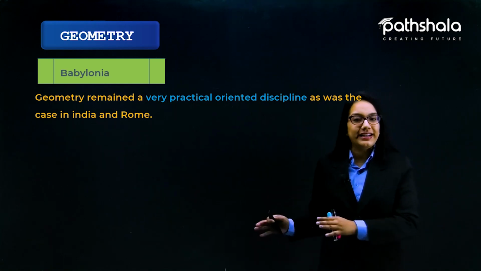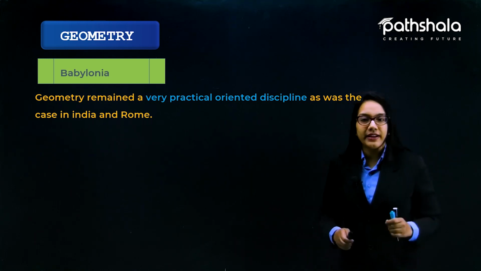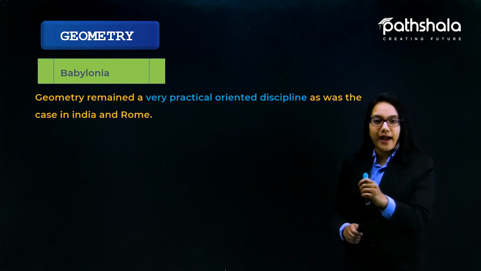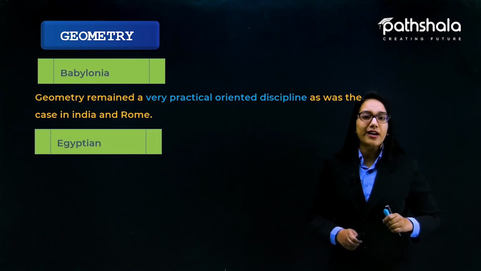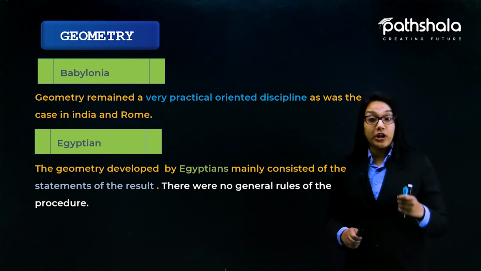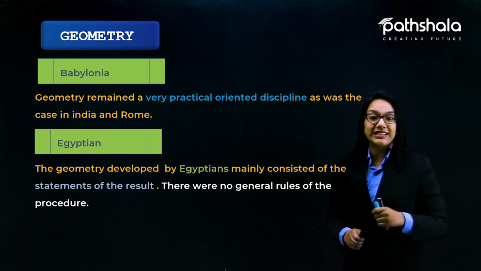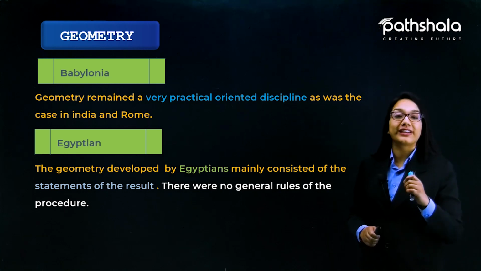In Babylonia, geometry remained a very practically oriented discipline, as was the case in India and Rome. In Egypt, the geometry developed by the Egyptians mainly consisted of statements of results.